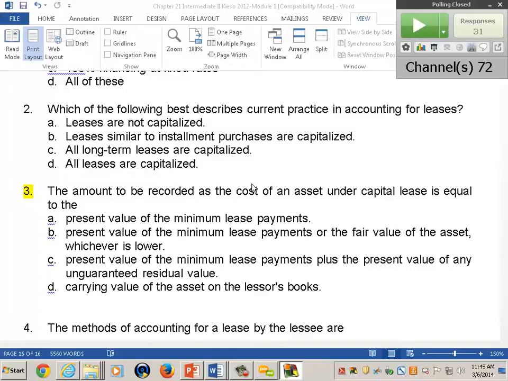Now, here's an interesting question for you. What would you do if you took the PV of the minimum lease payments and you found out it was greater than fair value? And you capitalize fair value. Is that?